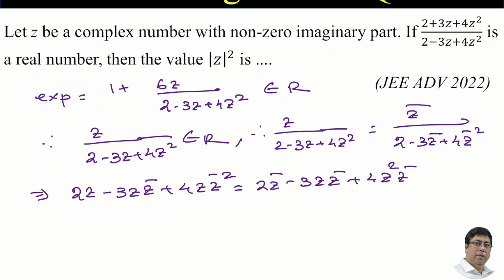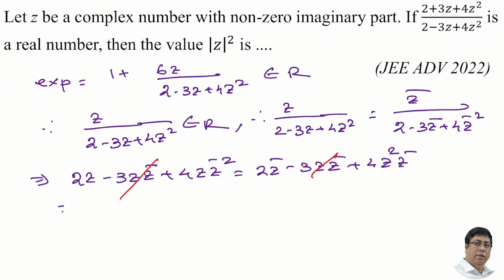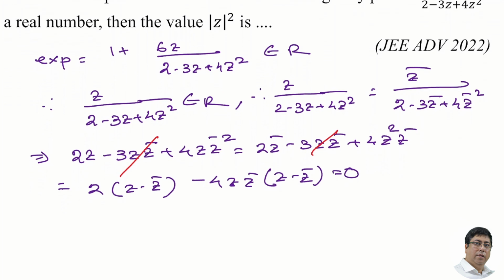Here we see that a term gets cancelled. Taking everything to one side, we get 2 into z minus z bar, minus 4z z bar into z minus z bar, equal to 0. Taking common, we get z minus z bar into 1 minus 2z z bar.